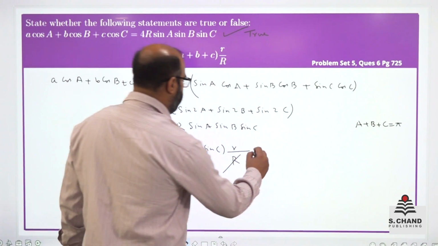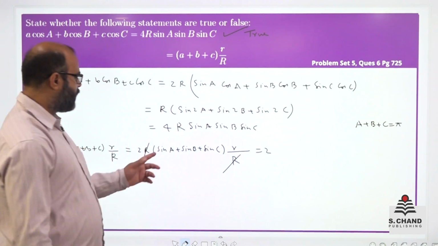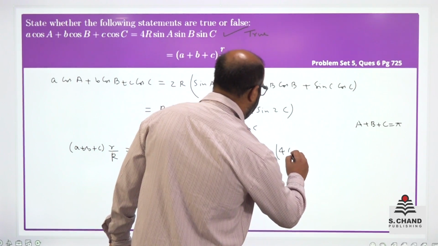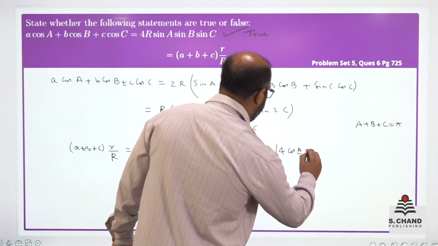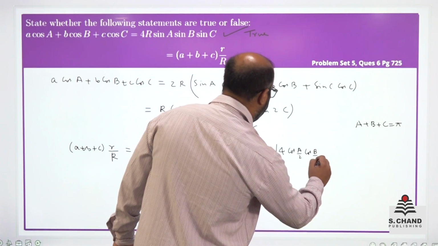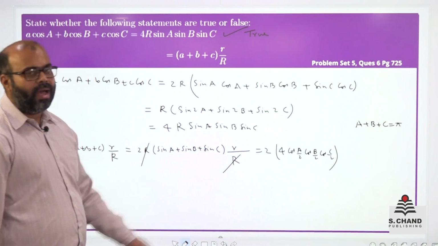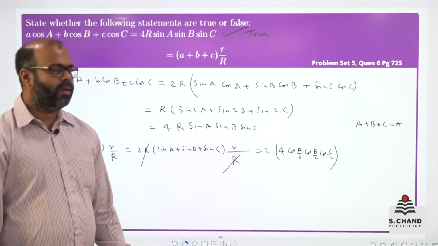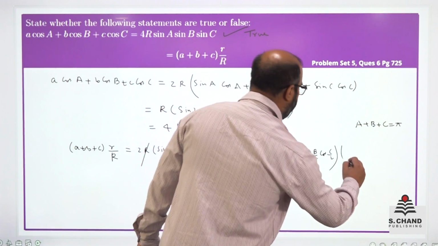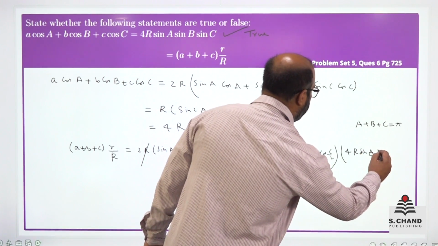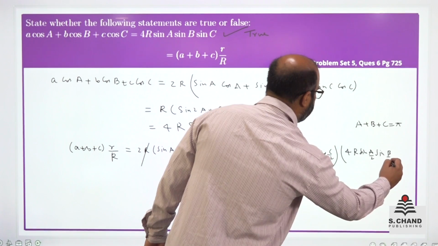Now again by conditional identity, sin A plus sin B plus sin C is 4 cos A by 2 into cos B by 2 into cos C by 2. And a small r, there is a formula for small r which says that it is equal to 4 into capital R sin A by 2, sin B by 2, sin C by 2.